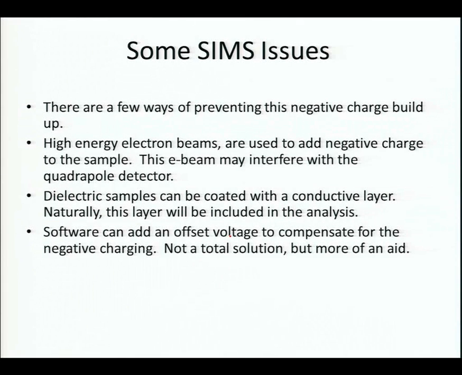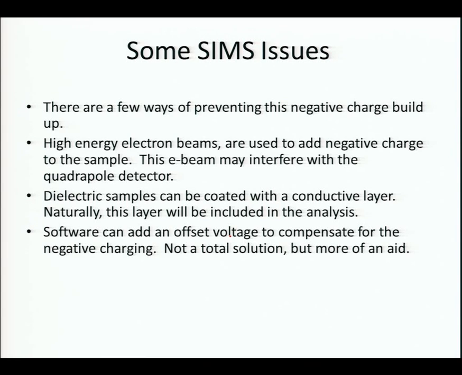There are a few ways of preventing this negative charge buildup. High energy electron beams are used to add negative charge to the sample. This E-beam might interfere with the quadrupole detector, so you have to be cautious of that or factor that out of the measurement. Dielectric samples can be coated with a conductive layer, but naturally this layer will be included in the analysis, so then that conductive layer will have to be removed from your analysis.